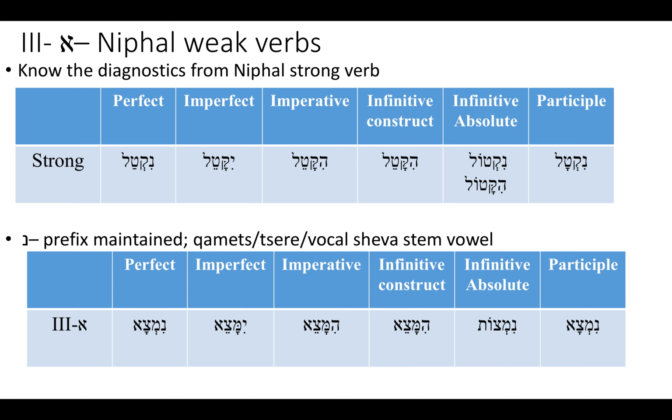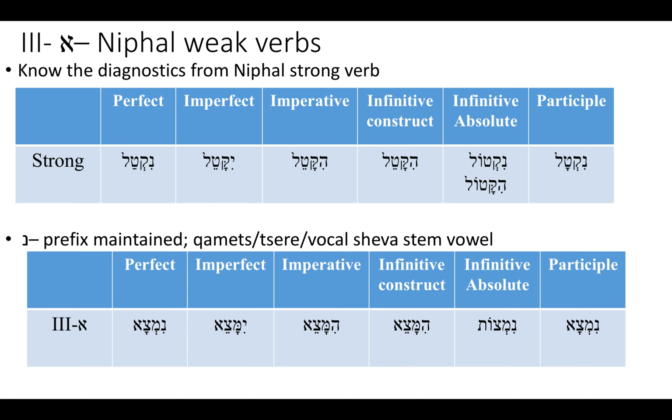So it's not going to be too hard to identify the third aleph weak forms. The nun prefix is maintained, which is the main marker of the Niphal. In the imperfect and the imperative and infinitive forms, we have the maintenance of the dagesh in the first letter and also the qamets under that first letter, as we do in the Niphal strong forms as well.